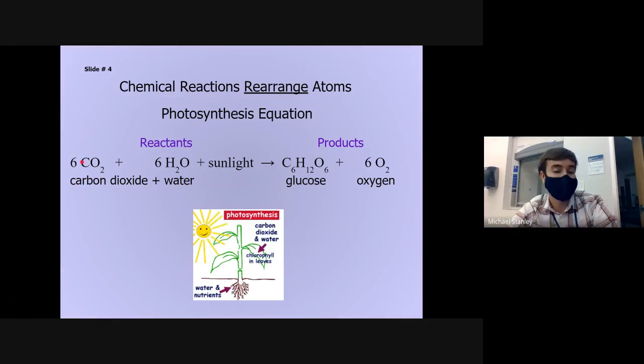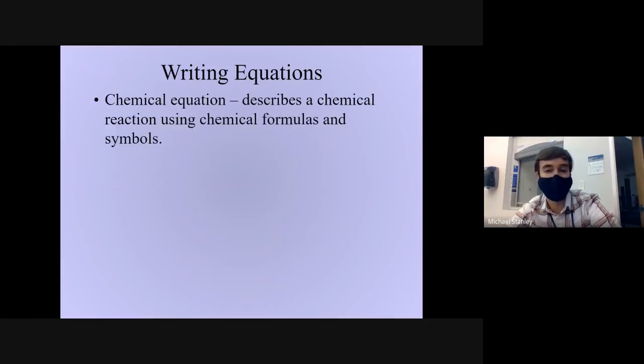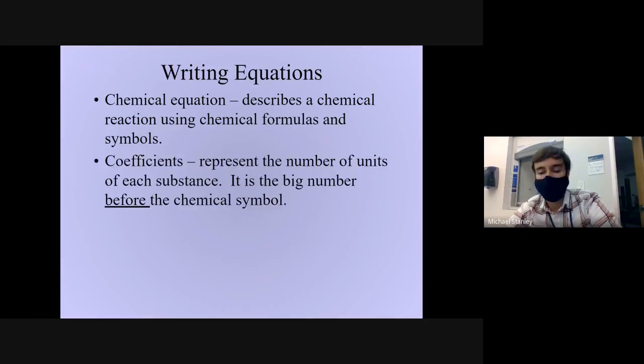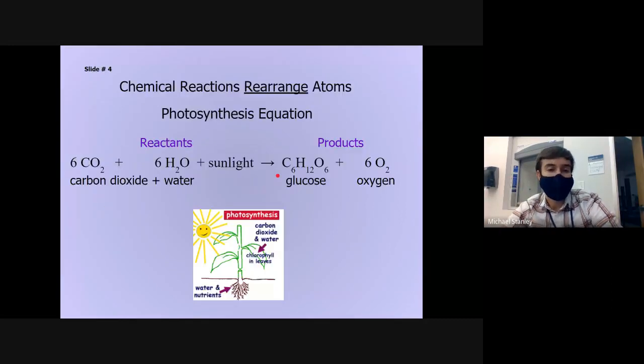So instead, scientists like to write CO2 plus H2O gives us C6H12O6 plus O2. That would be our base photosynthesis equation. In that equation, you may have noticed that there are these big 6's in front of some of these molecules.